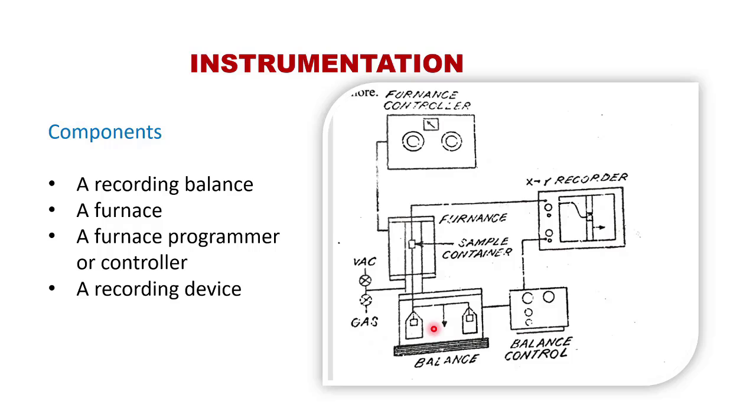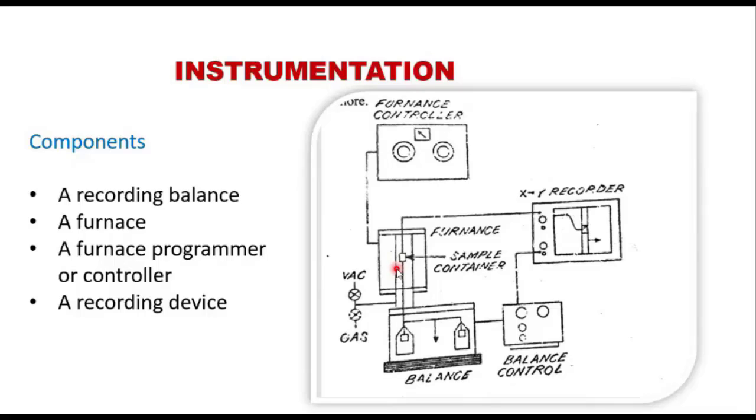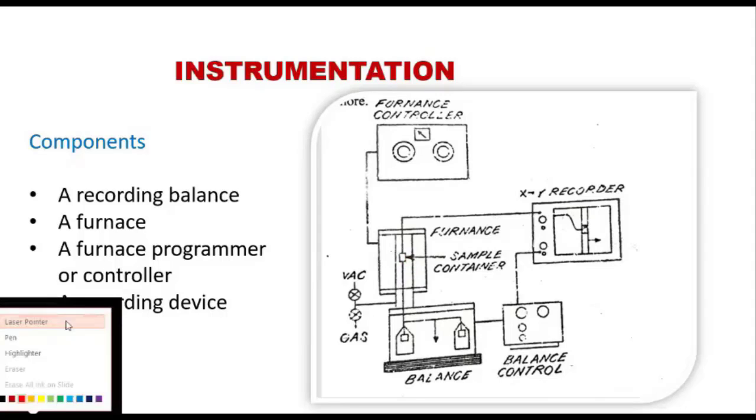Initially, without the sample, the instrument is adjusted to zero reading or null reading, and then the sample is kept and heated, and with reference to the reference, you can see what the weight change is. It is given to the recorder. And here you have thermocouples for measuring the temperature of the sample. So we will see the different components.